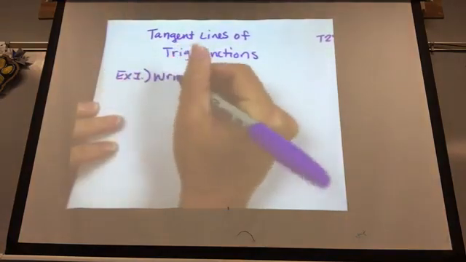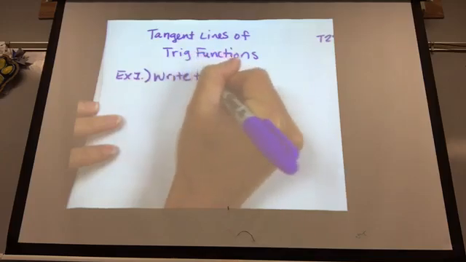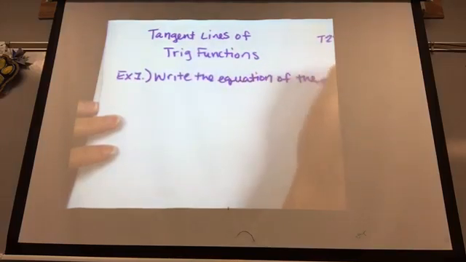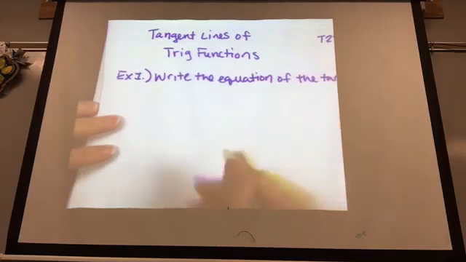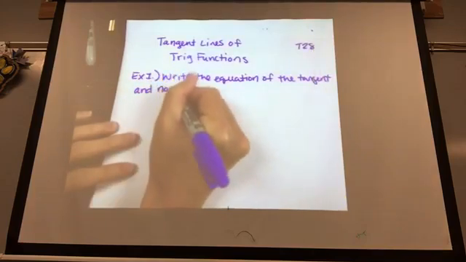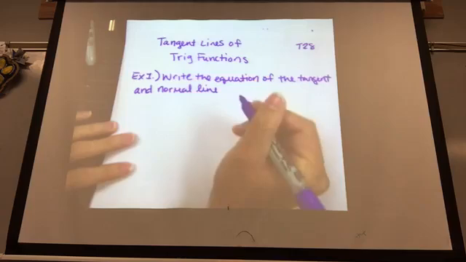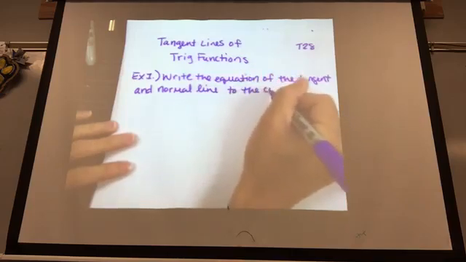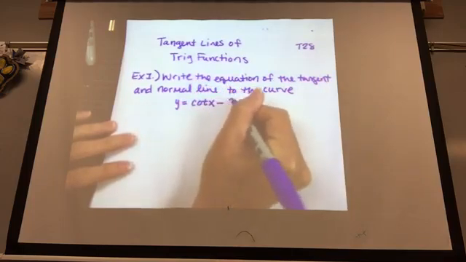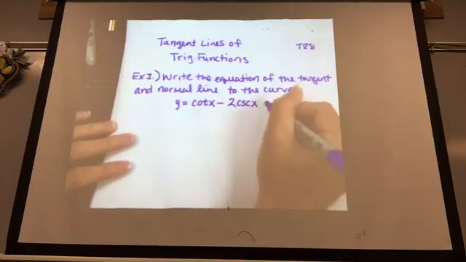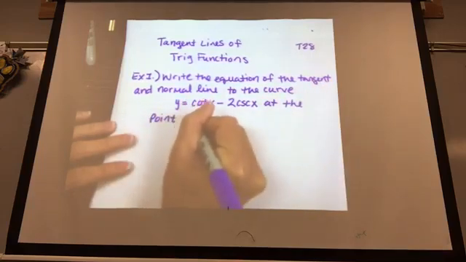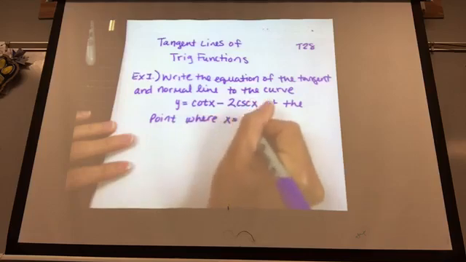Write the equation of the tangent and normal line to the curve y equals cotangent of x minus 2 cosecant of x at the point where x equals pi over 3.